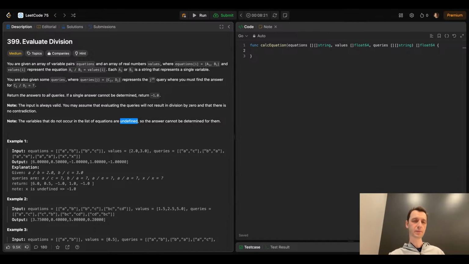So we can compile a map, a separate list of all the variables that do occur, a map of string.